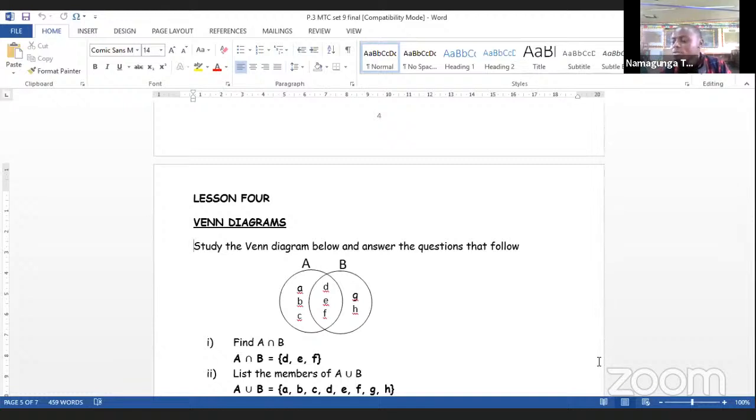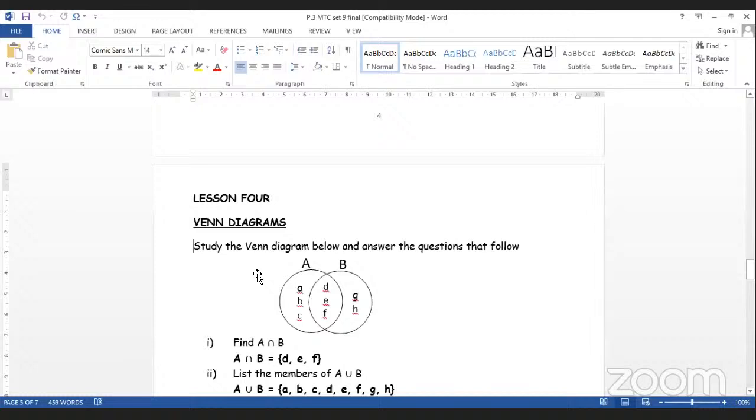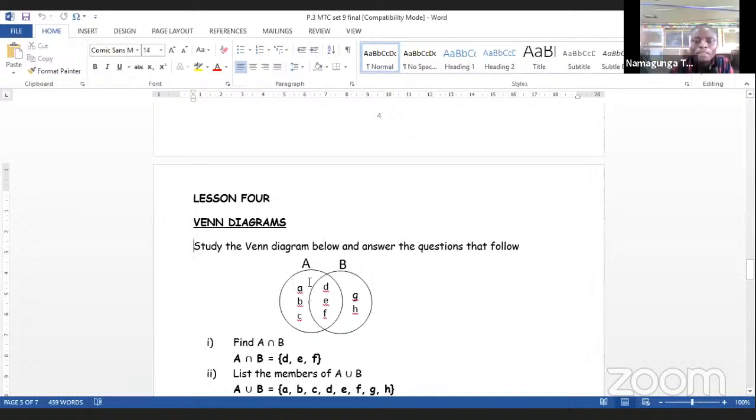Akomolot Vinita Princess, can you read for us that first statement here after Venn diagrams? Study the Venn diagram below and answer the questions that follow. Great girl. So they have told us to study this Venn diagram below. Then we answer the questions that follow.